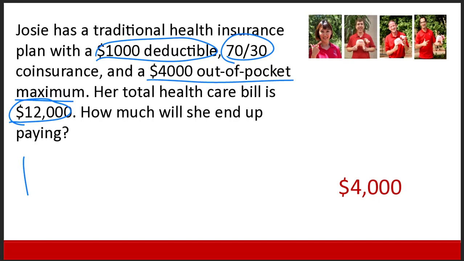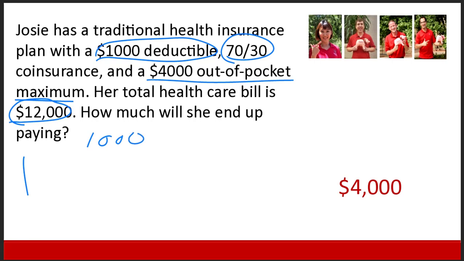First, her total health bill is 12,000. So we need to know if this number is higher or lower than the deductible. The 12,000 is higher than the 1,000 deductible, so the 1,000 deductible will go first.